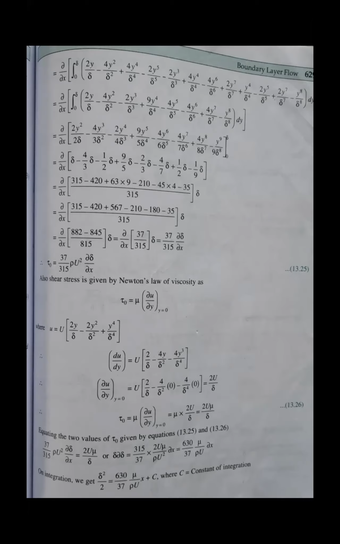Therefore, each and every term has to be done carefully. For example, as I said, if you use the LCM as 1 into 3 into 2 into 5 into 3 into 7 into 2 into 9, then for the first term in the numerator, you will get 3 into 2 into 5 into 3 into 7 into 2 into 9 into, of course, delta, which you can keep outside.